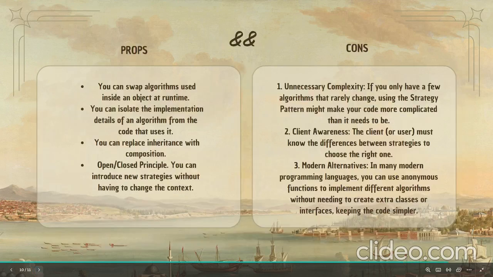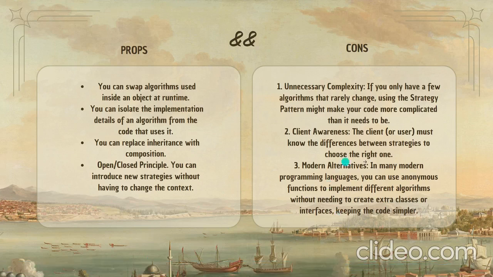So, what are the cons of using the pattern? The cons: 1. Unnecessary complexity. If you only have a few algorithms that rarely change, using the strategy pattern might make your code more complicated than it needs to be. 2. Client awareness.